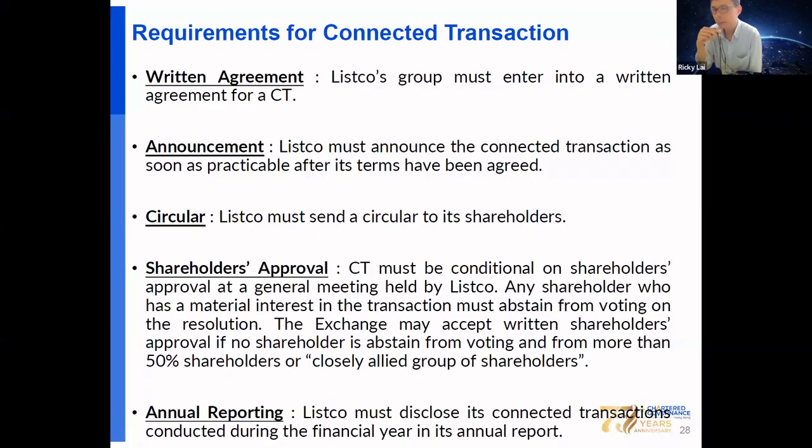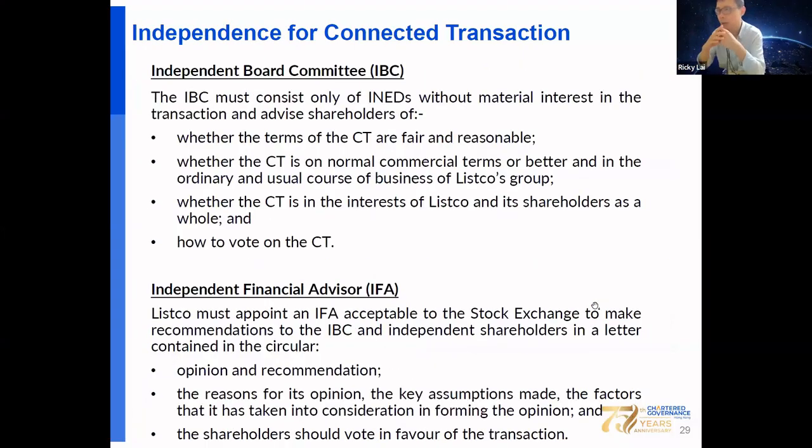Apart from the announcement, the company must also conduct annual reporting. The company must disclose this CT during the financial year in its annual report. Because of the shareholder approval requirements, the listed company must have two independent parties for CT. One is the IBC, Independent Board Committee, which must consist only of INEDs who have no material interest in the transaction.